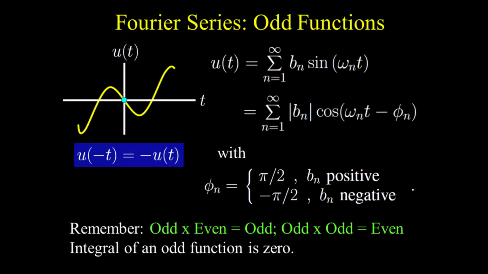If u(t) is an odd function, the function u(t) cosine omega n t is odd, because it is the product of an odd and an even function. And u(t) sine omega n t is even, because the product of two odd functions is even. So when u(t) is an odd function, a0 equals 0 and an equals 0. However, bn is non-zero.